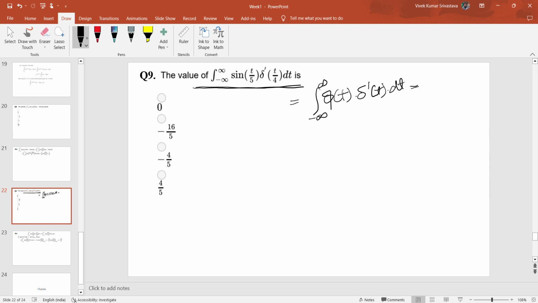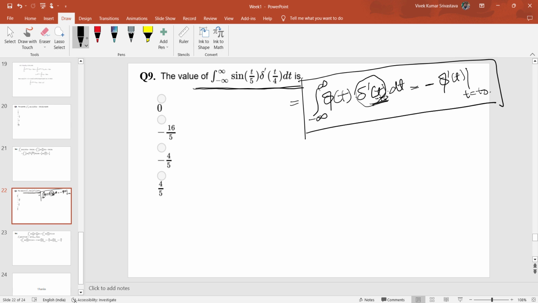For evaluating such a problem, it will be equal to minus phi dash of t at the time instant for which this delta function is defined. Let us say this is defined for t minus t naught. So here we have to put t equals t naught. So we will use this property to solve this question.